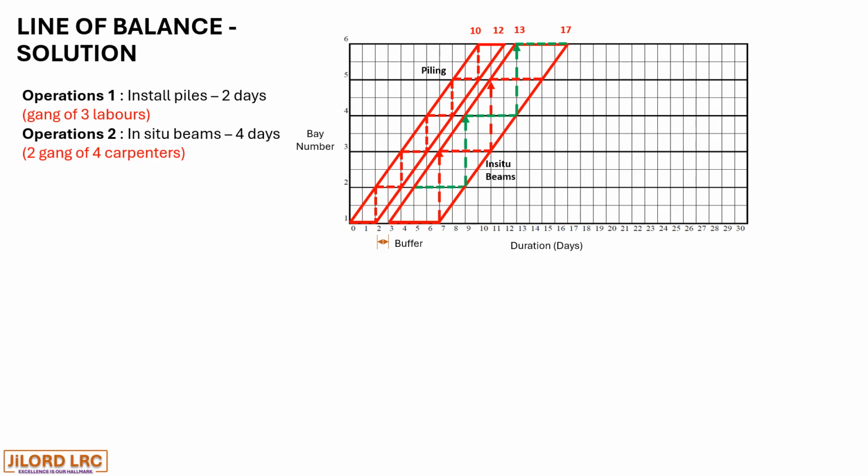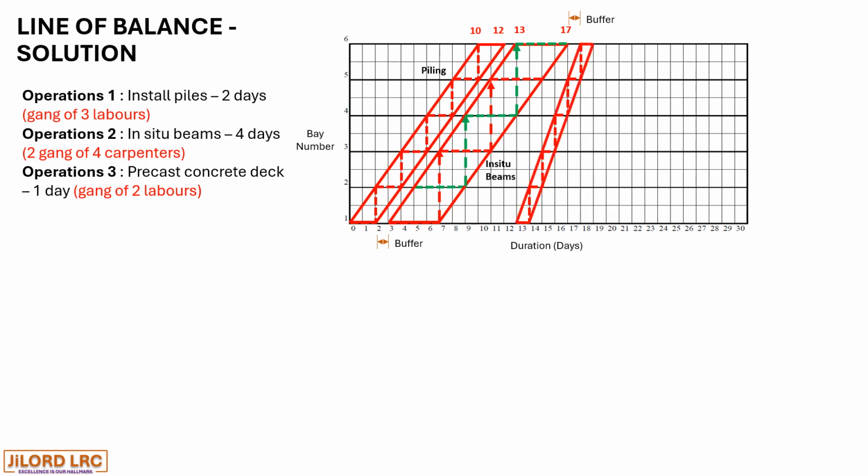We have a buffer at the top for operation 3, which is the precast deck, for 1 day. So after the buffer, the construction of the precast deck is also completed by day 19.